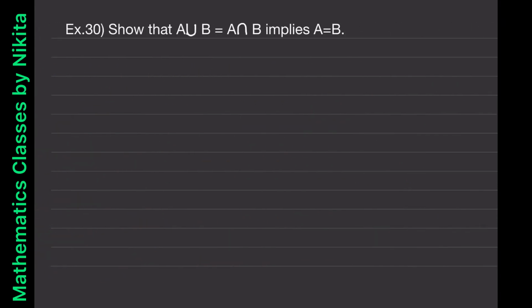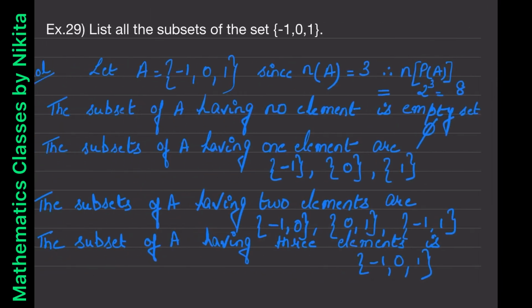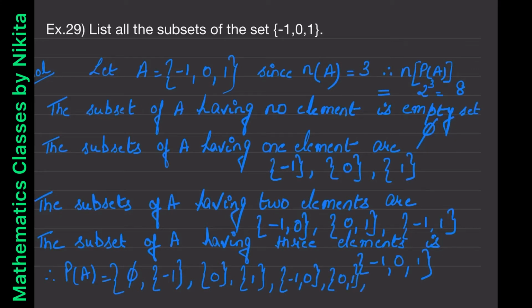So therefore from here I get that the power set of A is equal to phi. Now you have to write the collection. So phi, then {-1}, then {0}, then {1}, then {-1, 0}, then {0, 1}, then {-1, 1}, and in the last I will write {-1, 0, 1} and close the braces.